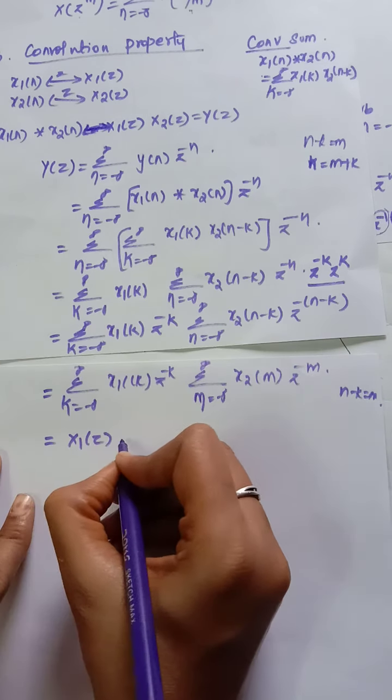Now what we need to do is differentiate. So d by dz X of z, summation n equal to minus infinity to infinity x of n, we need to differentiate the term z power minus n.